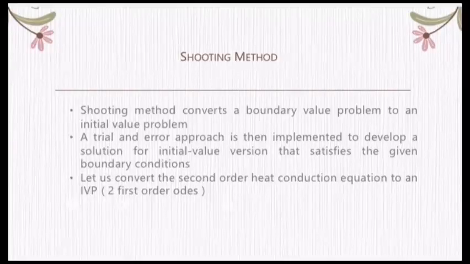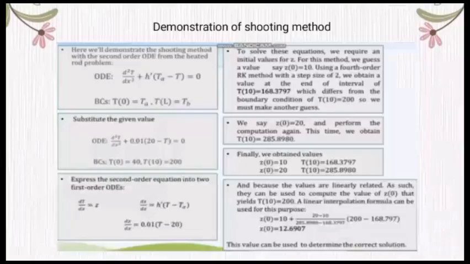Let us convert the second order heat conduction equation to an IVP, or to first order ODEs. Here, I will demonstrate the shooting method with the second order ODE from the heated rod problem. Our ODE is the second derivative of T plus h prime times T alpha minus T is equal to 0, which is from the derivation of Fourier's law.